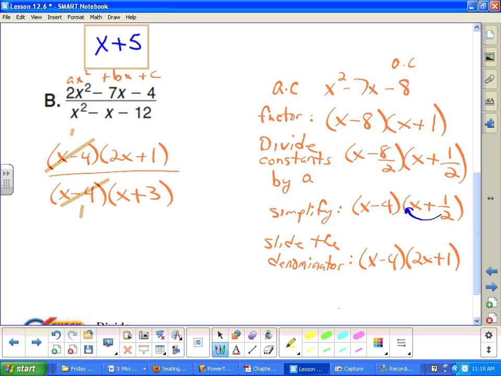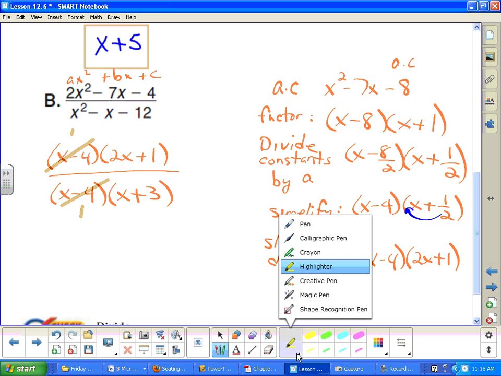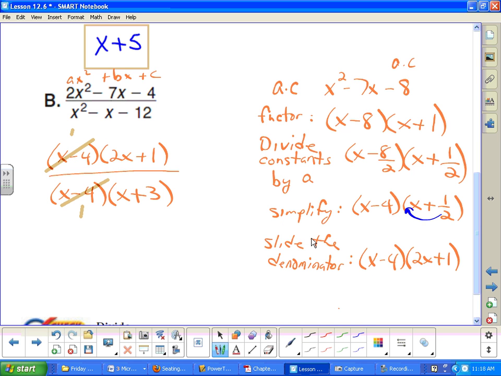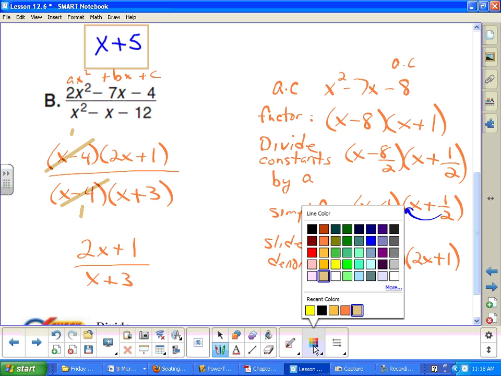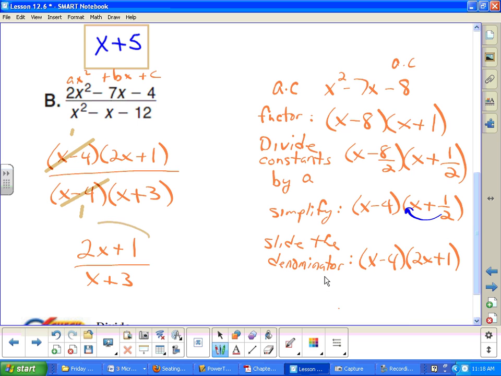So the x minus 4s go into themselves once. So we're left with 2x plus 1 over x plus 3 for our answer.